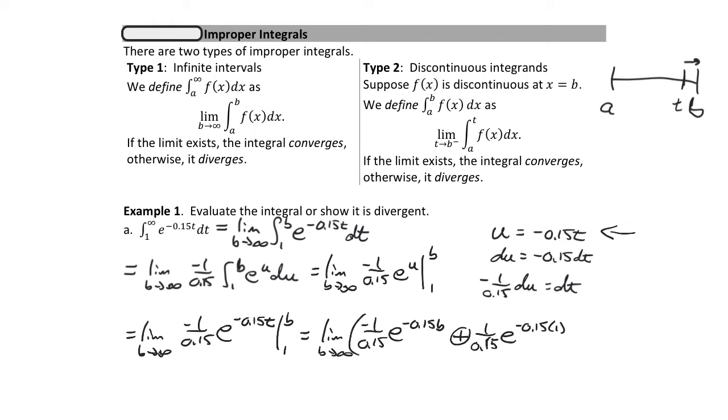Now this is the limit of all this stuff, but the only place where we see a b is in that very first term. So I want to think about what happens when b is a very, very large number. Then the exponent is a negative number multiplied by a very, very large number. So it's a huge negative number.